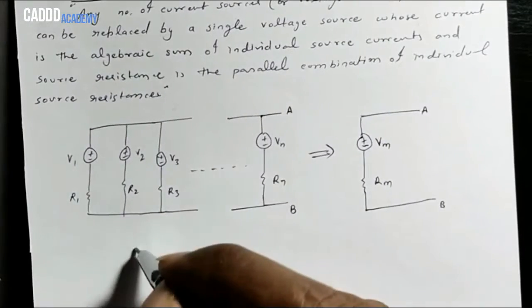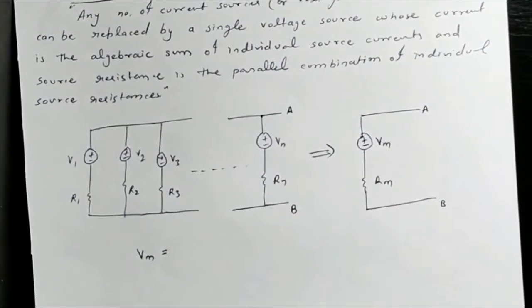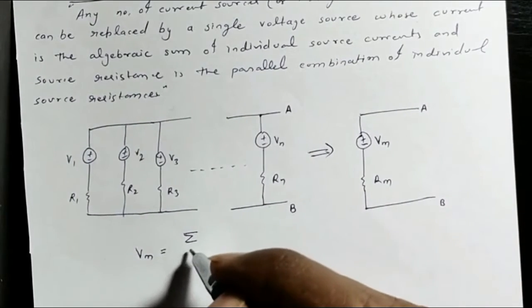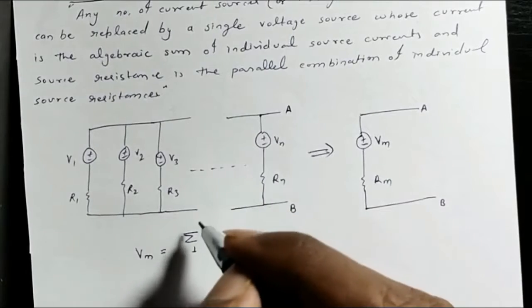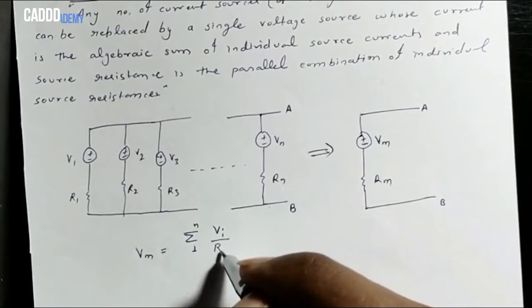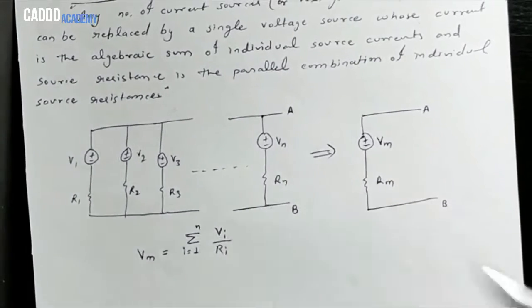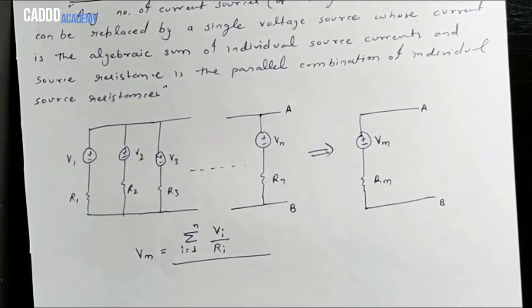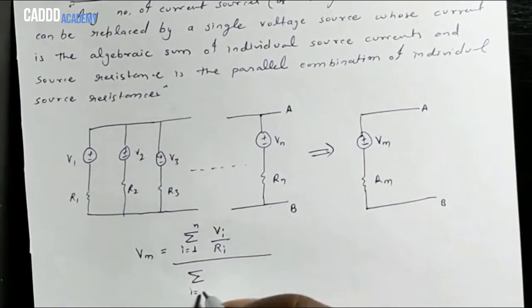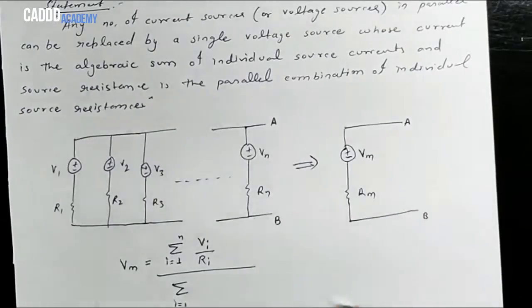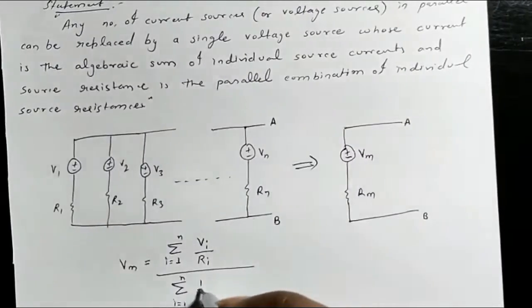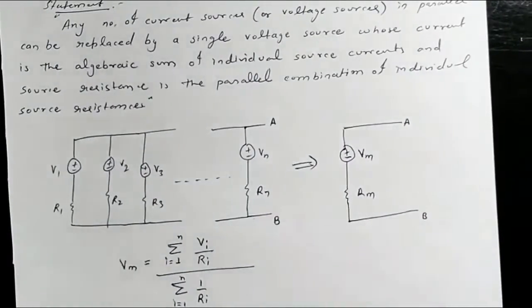Now we will see that Vm is equal to the summation from 1 to n of Vi by Ri. This equation again is going to be a little bit complex, but we will understand this equation using the example.